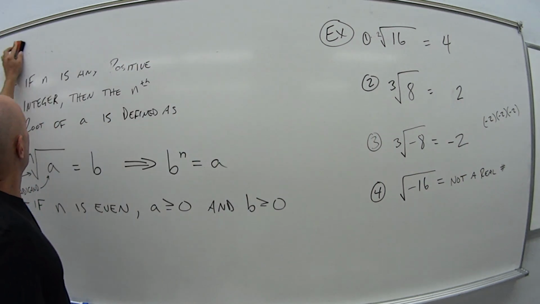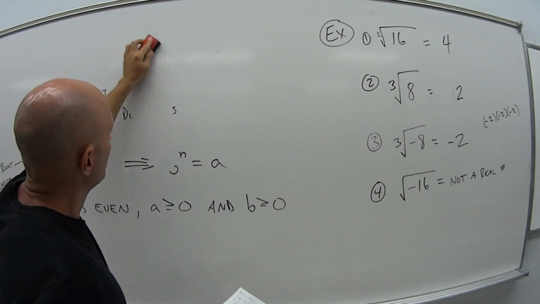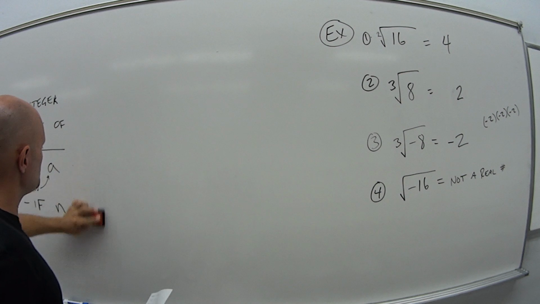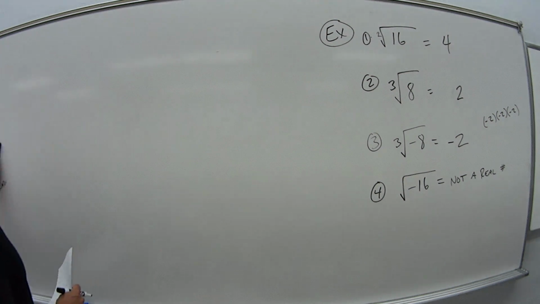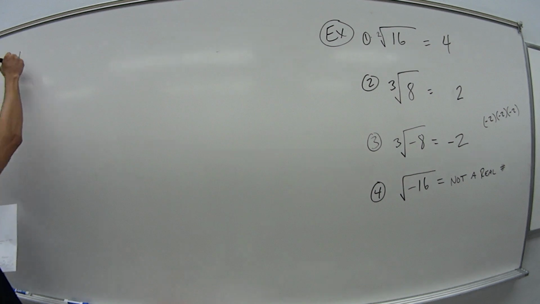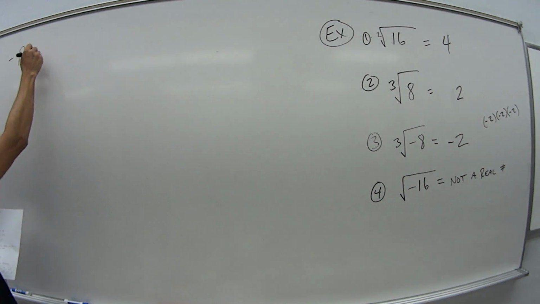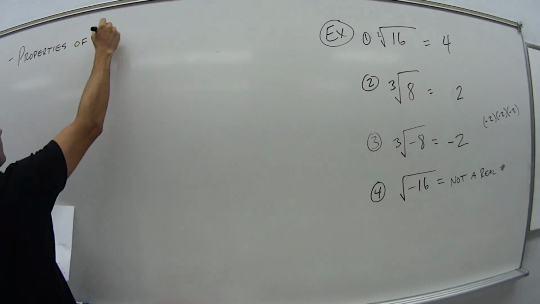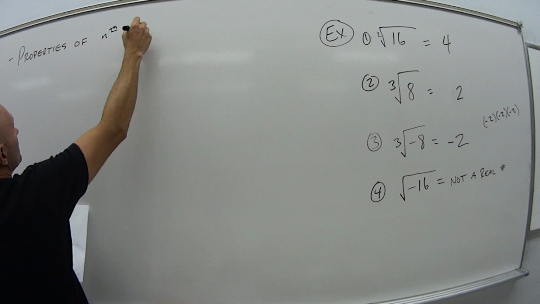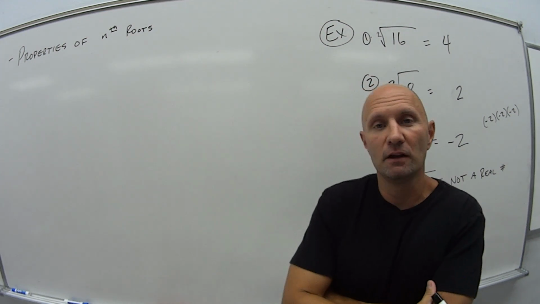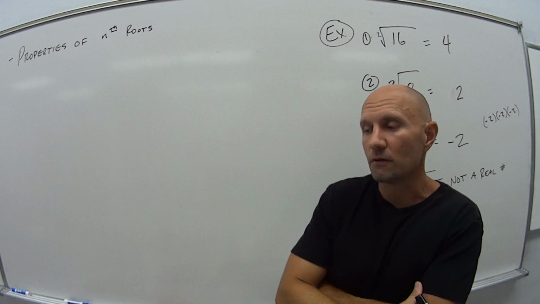All right, so how about the properties of these nth roots? And again, this you're going to want on your cheat sheet, highlighted somewhere maybe in your notes for quick reference. And as I said, you're going to be using these properties even in the Math 127 and 128.